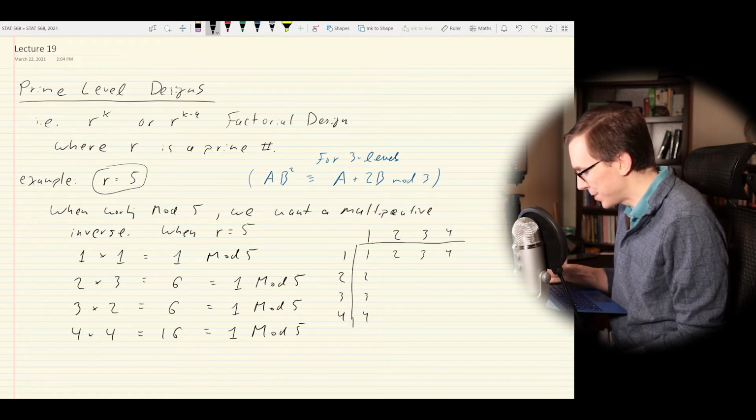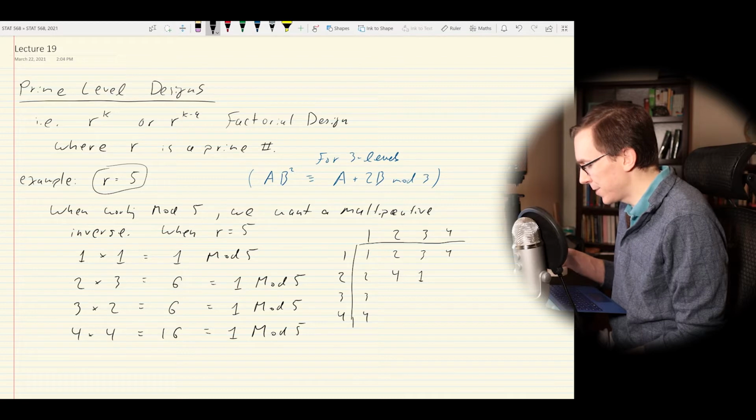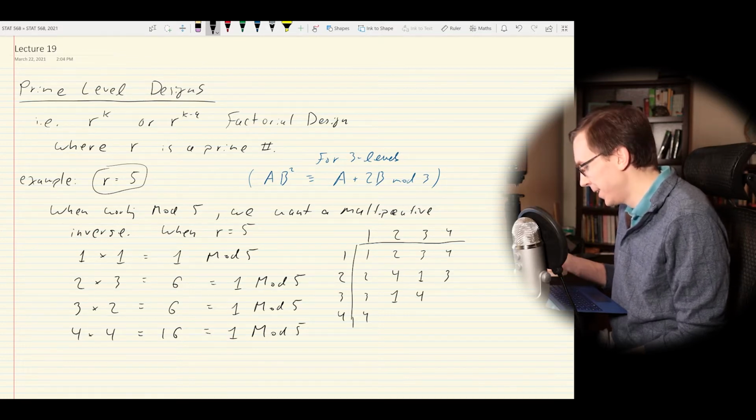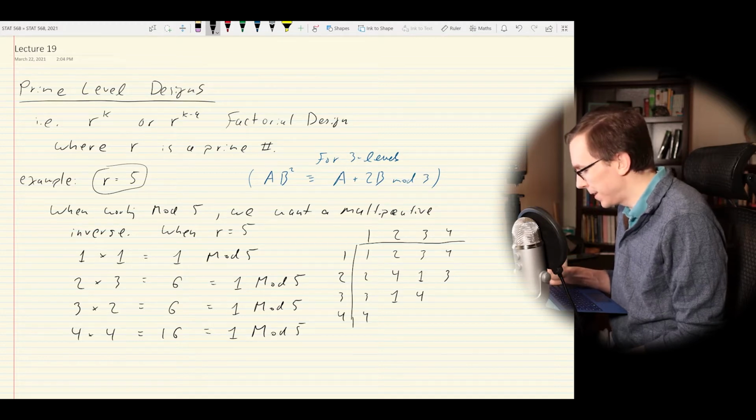We would have 2 times 2, which is 4. 2 times 3 is 6, which gets reduced to 1. 2 times 4 is 8, reduced gets us a 3. Similarly here, we get a 1. 3 times 3 is 9, reduced mod 5 is 4. 3 times 4 is 12, reduced mod 5 is 2. And lastly, 4 times 2 is 8, reduced mod 5 is 3. 4 times 3 is 12, reduced to get a 2, and a 1.